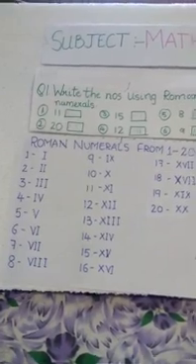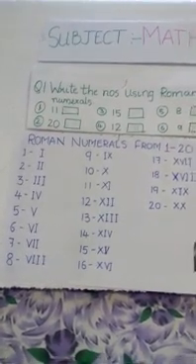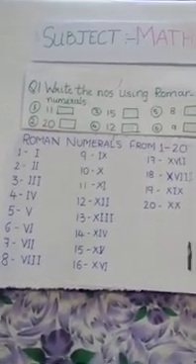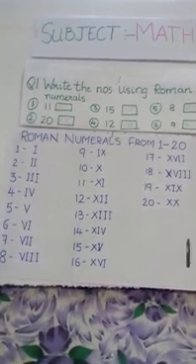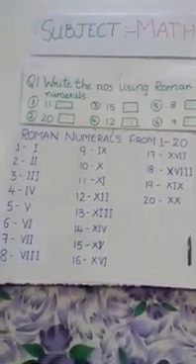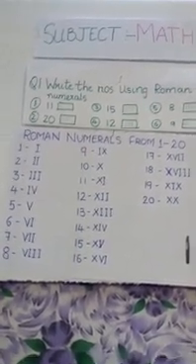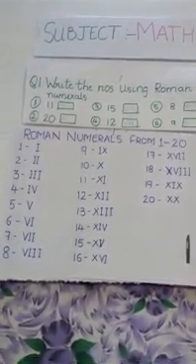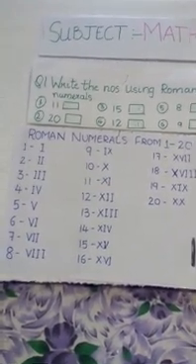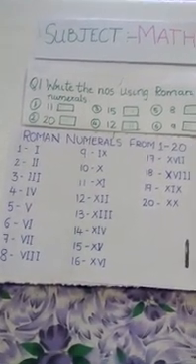As you have solved the above questions, we can write down the Roman numerals from 1 to 20. You can write it in your notebook also.